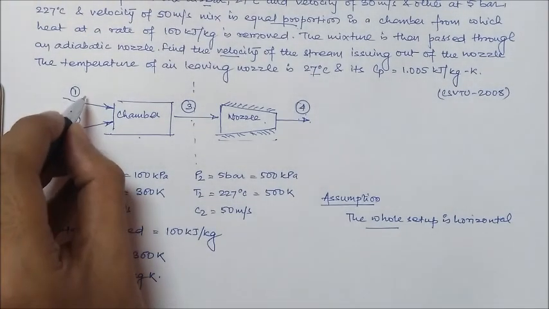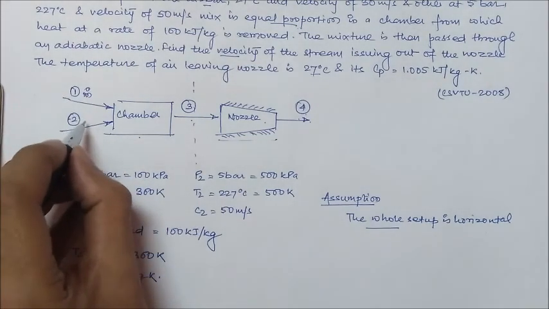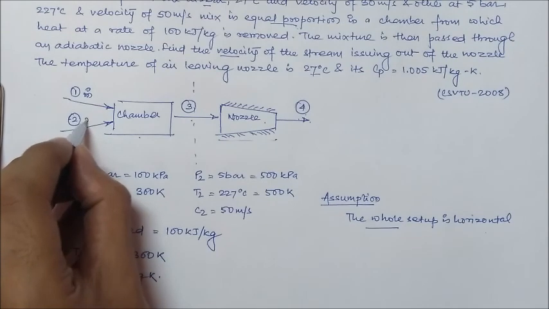Means the stream at condition 1 has mass flow rate m dot, and condition 2 has m dot.